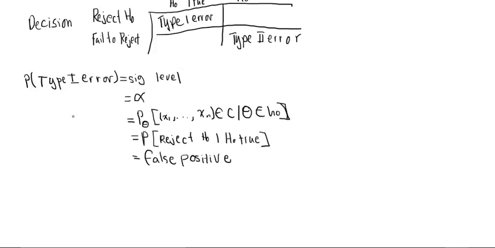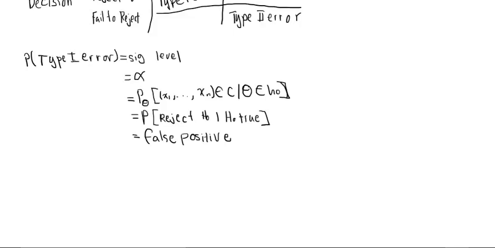Now let's move on to type 2s. So the probability of a type 2 error is often referred to as beta.